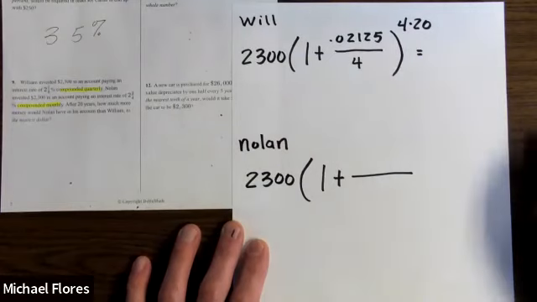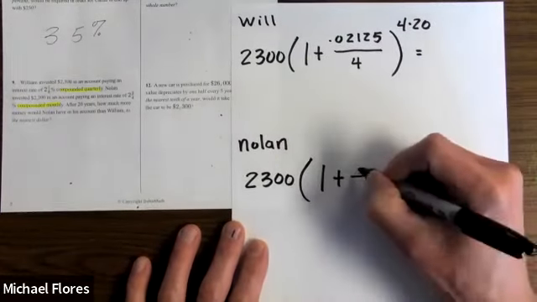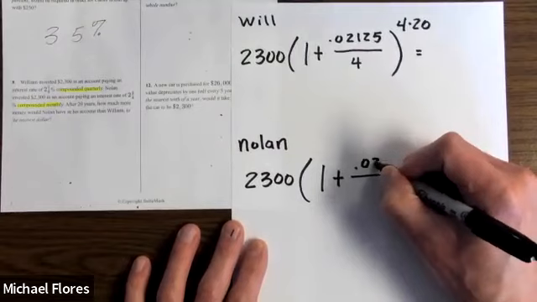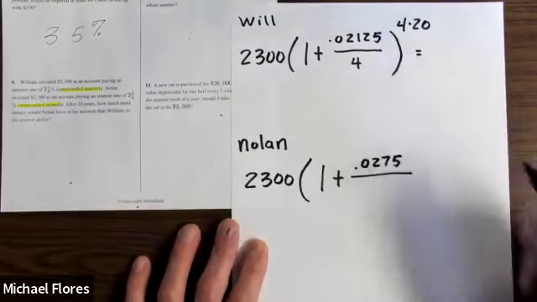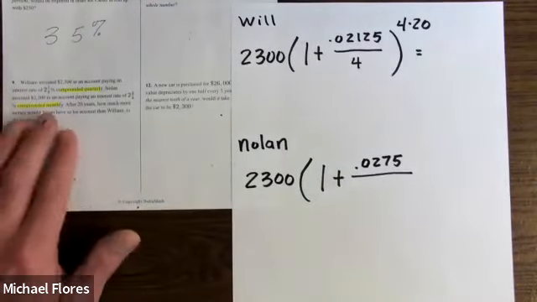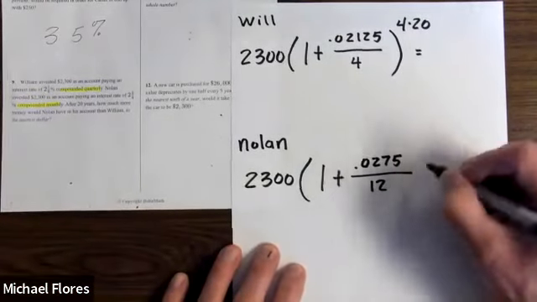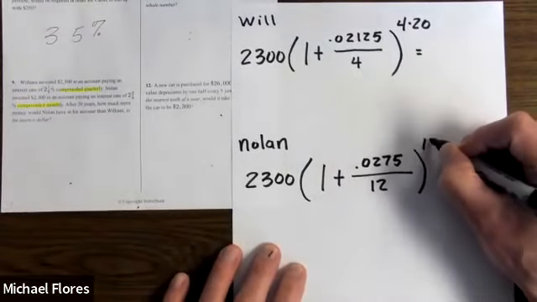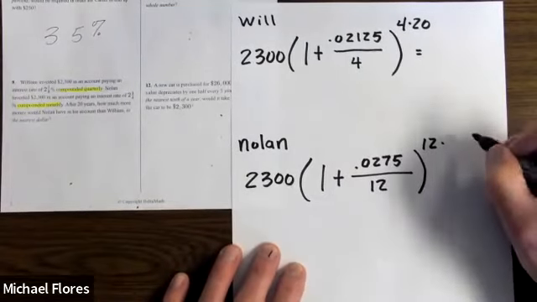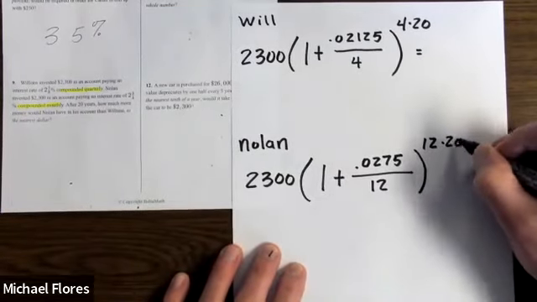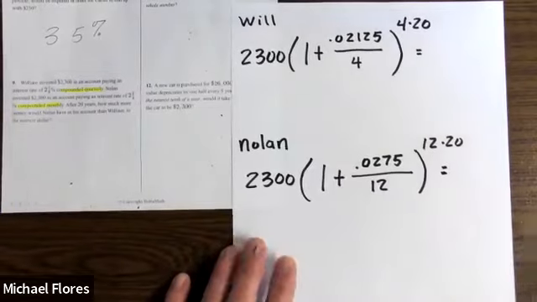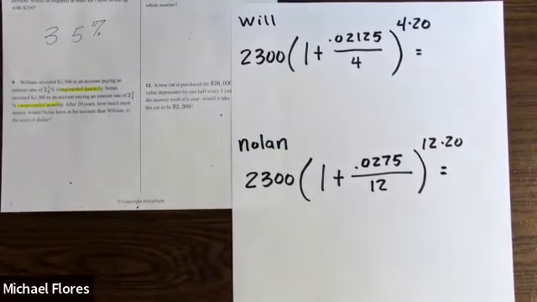That rate for Nolan, once again, was 2.75%, so that'd be 0.0275 over, how much is he compounding? Nolan is compounding monthly, so that'd be 12, raised to the amount of times we're compounding times time. Should be 20 years. Okay, so now you have the data for both Nolan and Will.